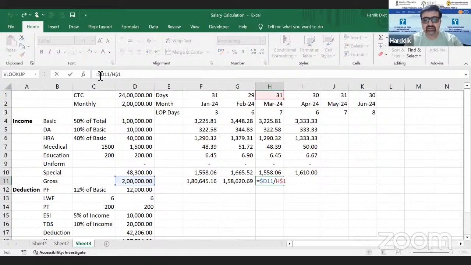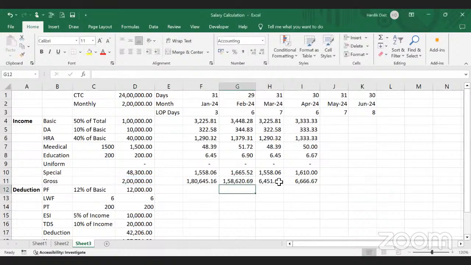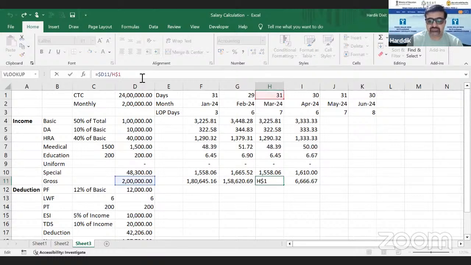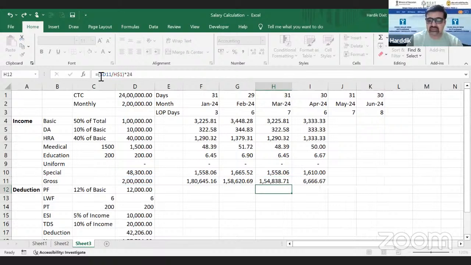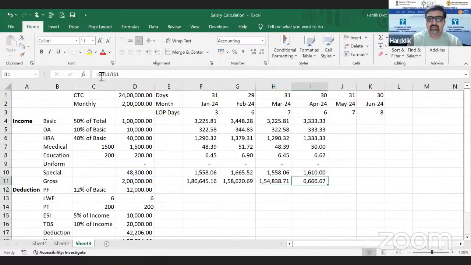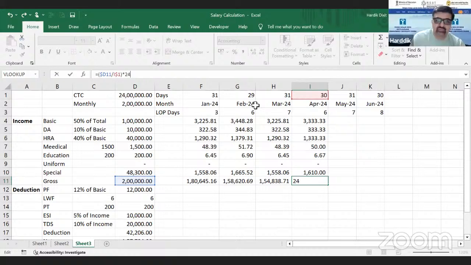In this case, multiply by how much? 23. In case of March, multiply by 24, because 7 days were absent out of the total 31 days. So 24. And in the month of April, it is multiplied by how much? 24. Again 24, because it was 30 days and 6 days were absent.